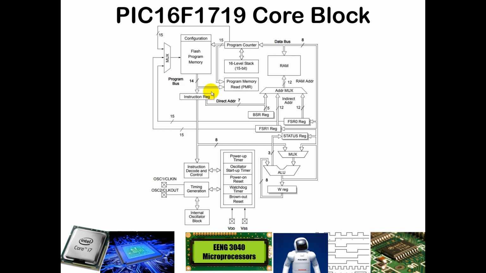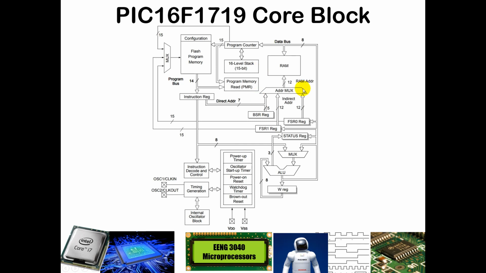So when we start talking about subroutines, we're going to see a little bit more about how this stack works. And we have a 16 level stack, which allows us to store the addresses of up to 16 different commands, which means we can call a function or a subroutine, and then within that function or subroutine we can then call another one, call another one, call another one, and we can do that up to 16 layers deep.